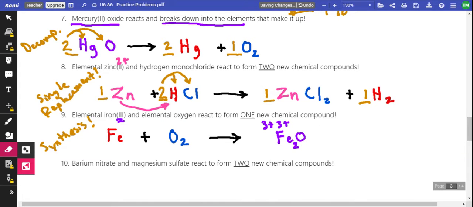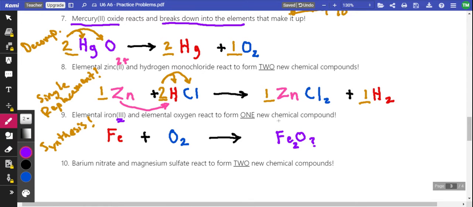So how many oxygens do I need to cancel out a total of positive 6 charge? Well, if each oxygen is a -2 charge, and I had 3 of them, that would be -2, -2, -2.